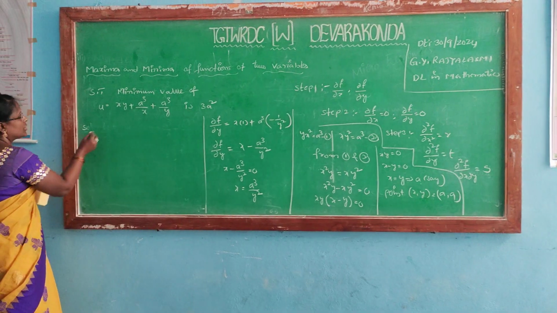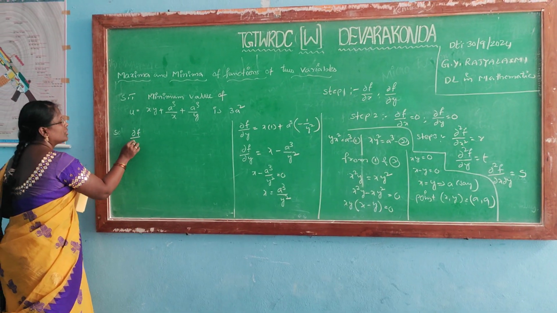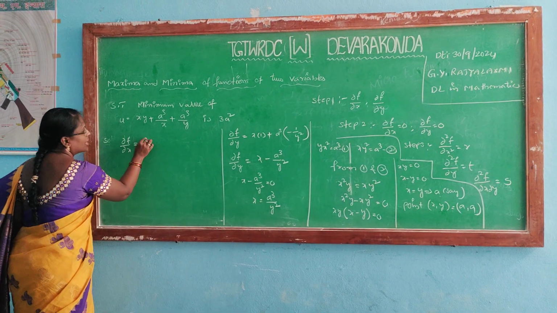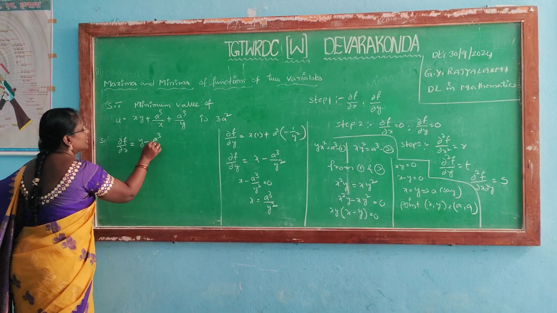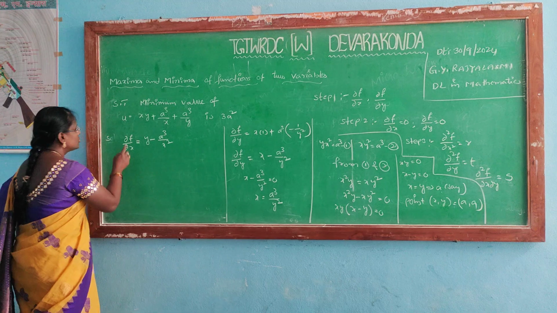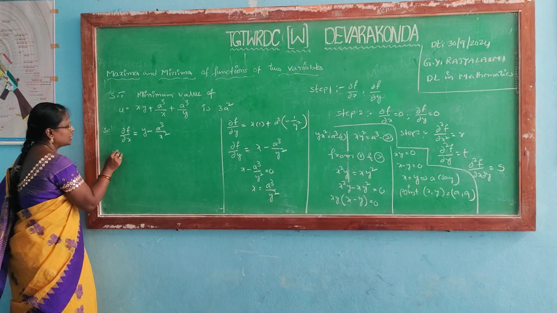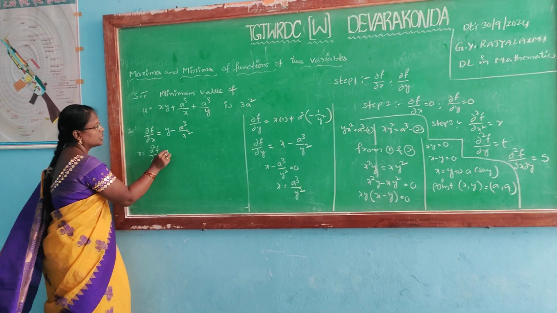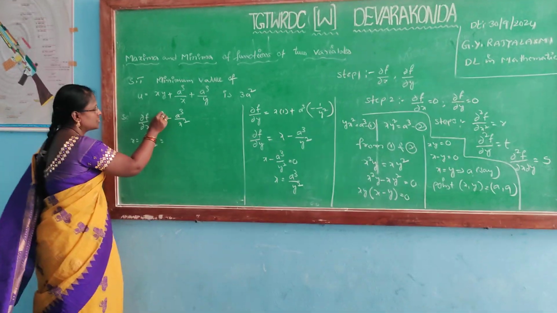So if ∂f/∂x equals y minus a³/x², then r equals ∂²f/∂x². The second derivative is with respect to x.